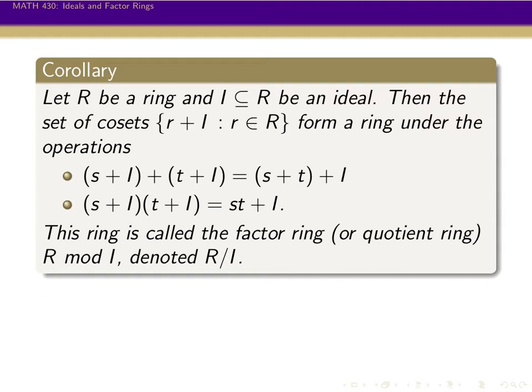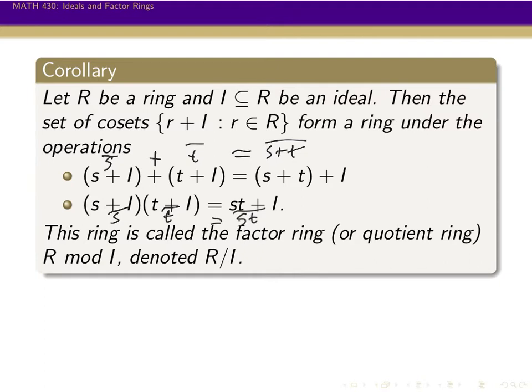And so, again, using our shortened notation, you think of s plus I as being s bar, and t plus I being t bar, and you get what you expect. s bar plus t bar gives s plus t bar. So s bar times t bar gives us st bar.